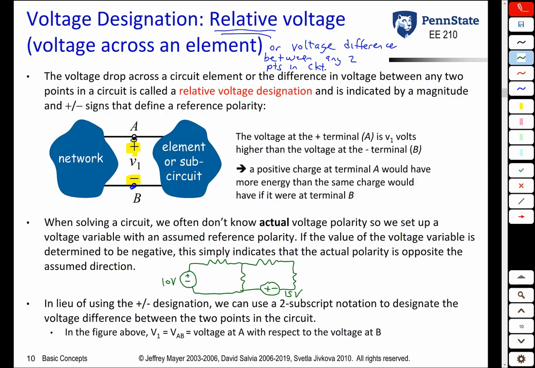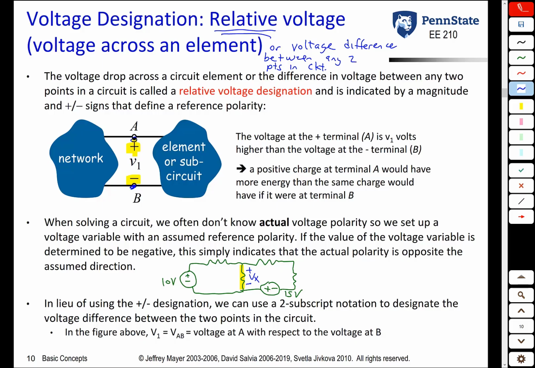Suppose you want to find the voltage across this resistor right here. If you don't know it ahead of time, you don't know whether the point on top is a higher voltage or the point on bottom is a lower voltage. So what you do is you give it a variable, let's call it Vx, and you arbitrarily pick a plus and a minus. The plus here and the minus here.